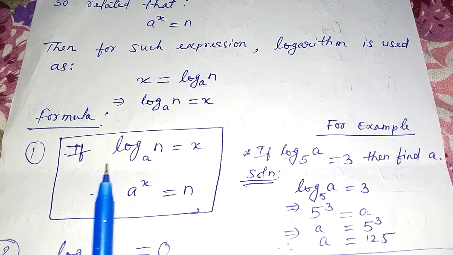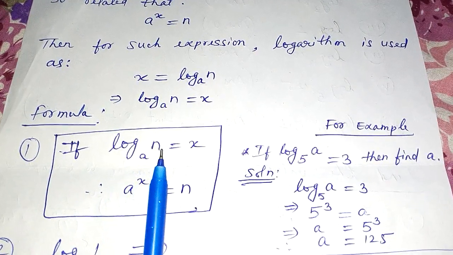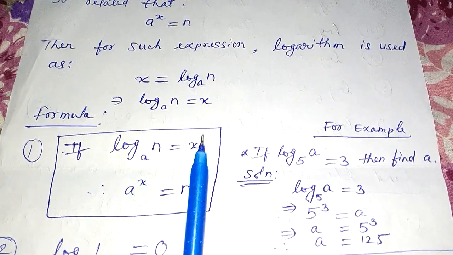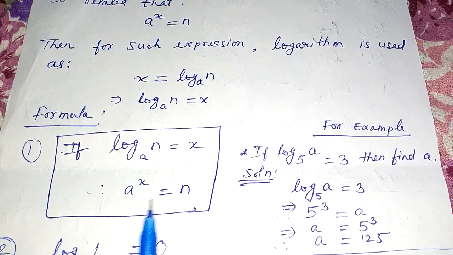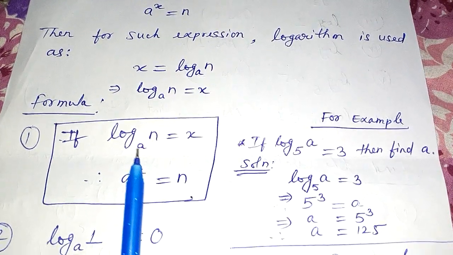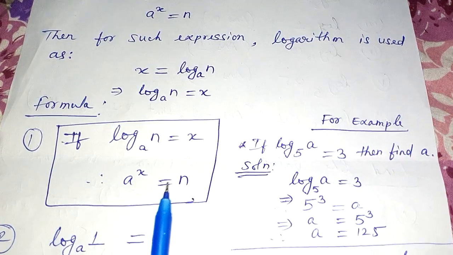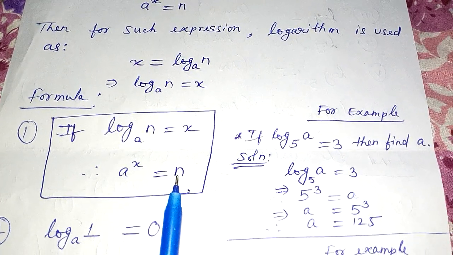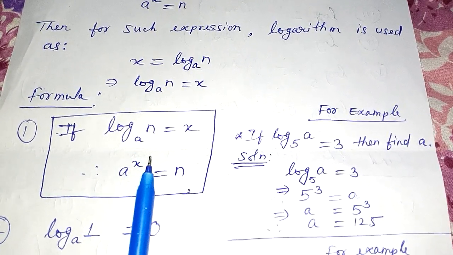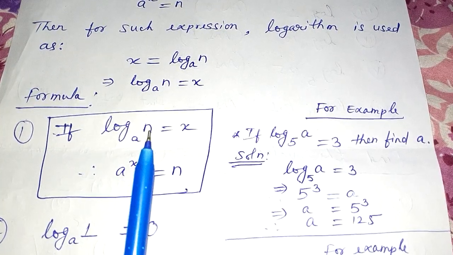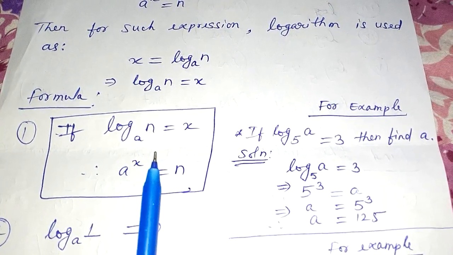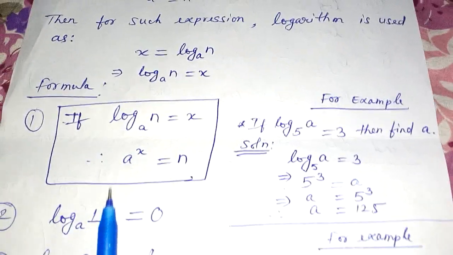Formula number 1 is, if log n base a is equal to x, then we can say a to the power x equal to n. Very important formula, children. Sometimes in the examination questions are asked regarding this formula, so we have to understand.